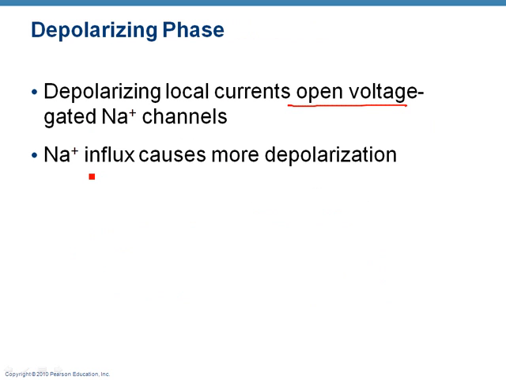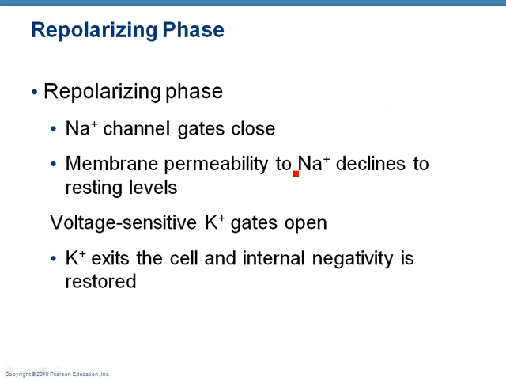Remember, depolarization is the inflow of sodium, causing you to get more positive, so your membrane potential goes up toward positive. In repolarization, those sodium channels close, so no more sodium can cross. The voltage-gated potassium channels open, potassium leaves the cell, those positives start to leave, and that brings the membrane potential back down to negative.